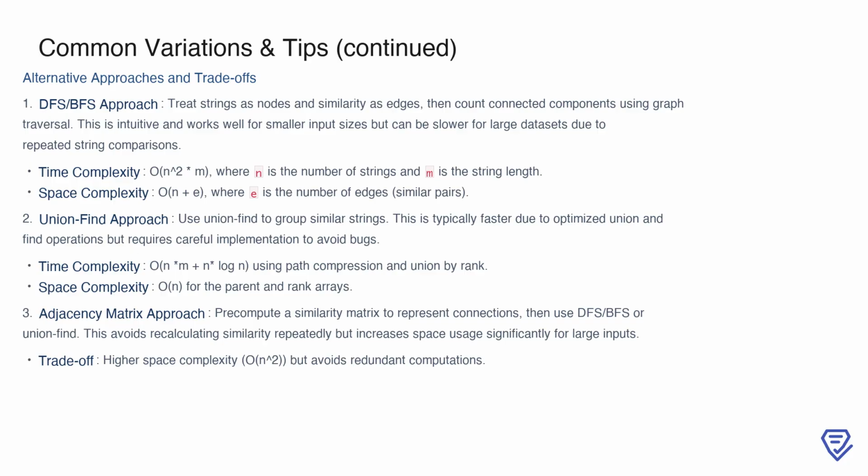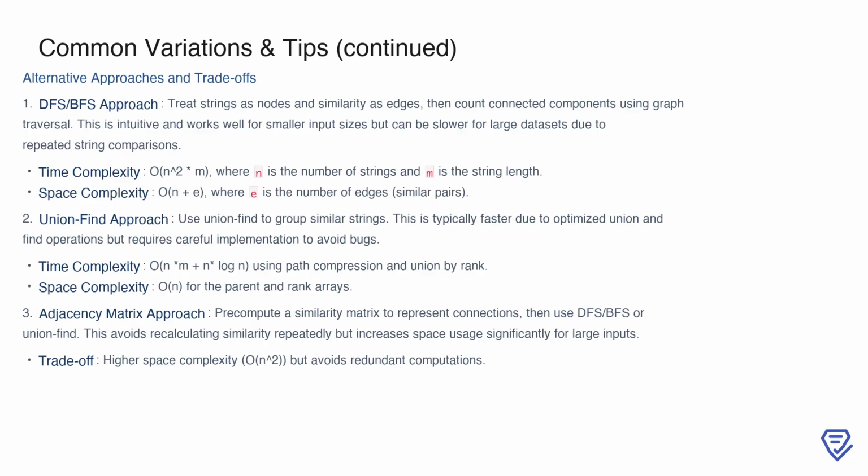Another option is the union find approach, which is typically faster because it optimizes the union and find operations using techniques like path compression and union by rank. This results in a time complexity of O(n * m + n * log n), and a space complexity of O(n) for the parent and rank arrays. Lastly, you can use an adjacency matrix to pre-compute similarities between strings.